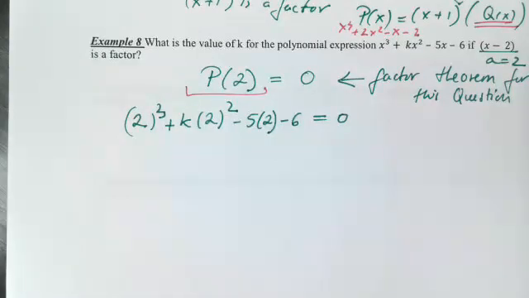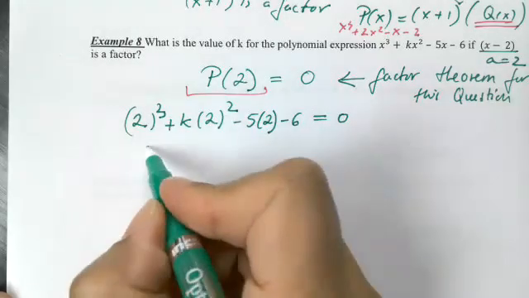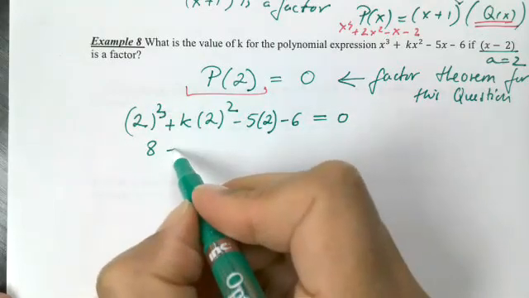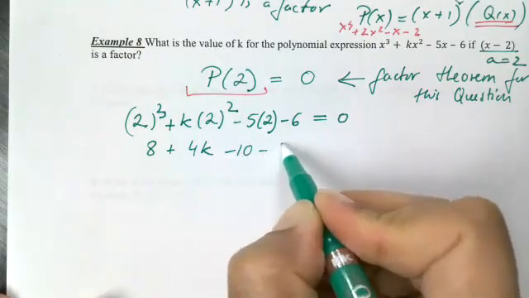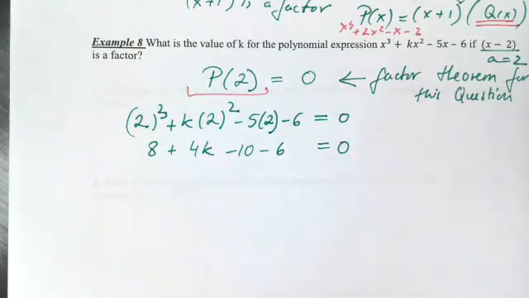We don't have to check it. The question tells us that. Then we have 8 from 2 cubed plus 4k minus 10 minus 6 equals 0.